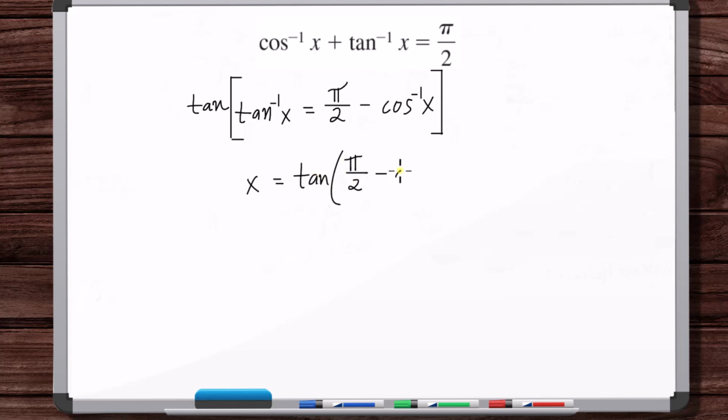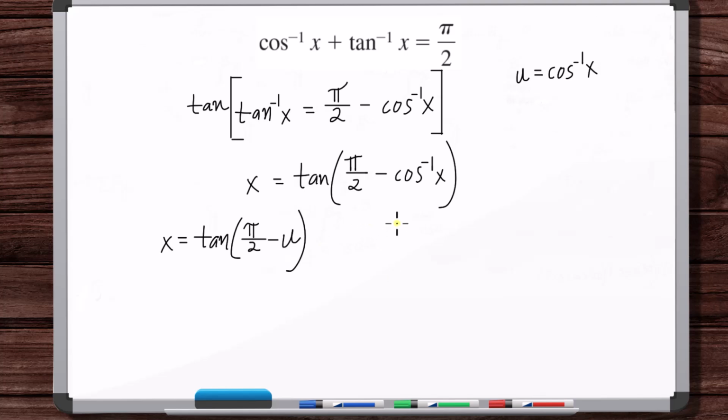Okay, so now we can think about if u is equal to inverse cosine of x, that's an angle. So we've got x is equal to tangent of pi over 2 minus u. Now we can take the sum or difference formula for tangent.